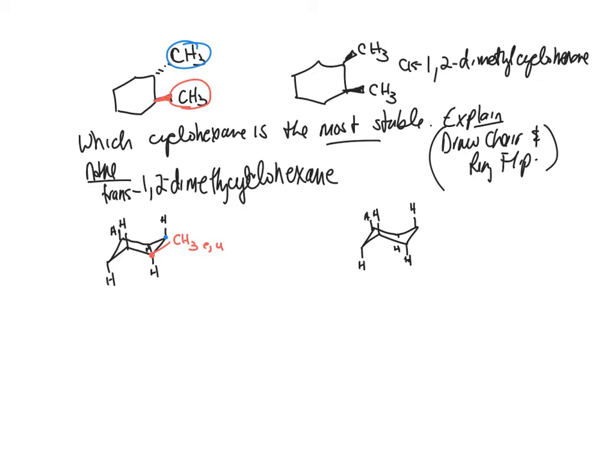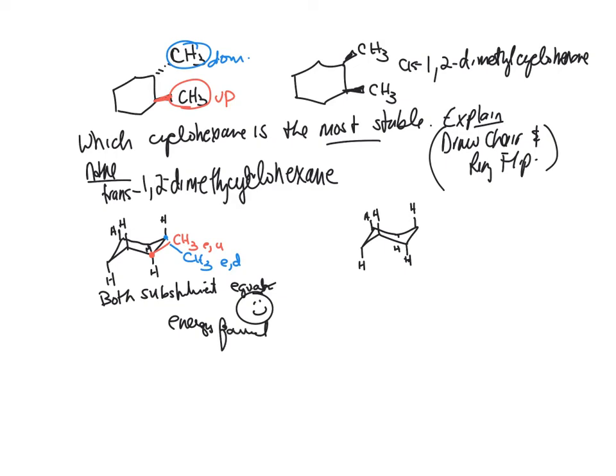So if I made this up, this has to be down. So this is going to go here, and it's going to go down, and that's equatorial down. Both substituents are equatorial. Okay, that makes me happy. That's going to be energetically favorable.